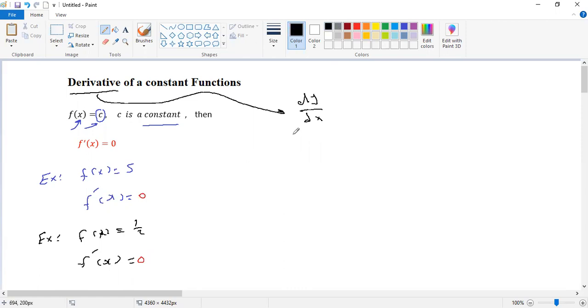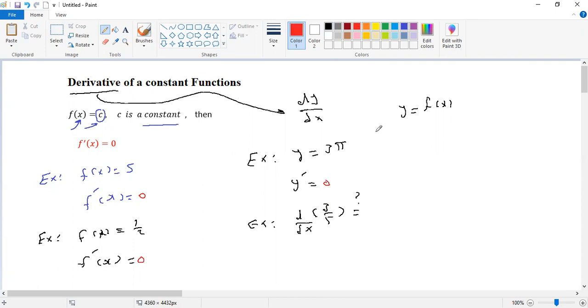Another example, let us say I have y equal to 3π. y means f(x), the output. So y prime, the derivative, is also equal to 0. Another example, you are asked to find the derivative d/dx of 3/5. 3/5 equals what?